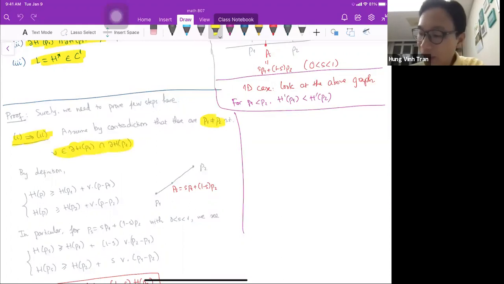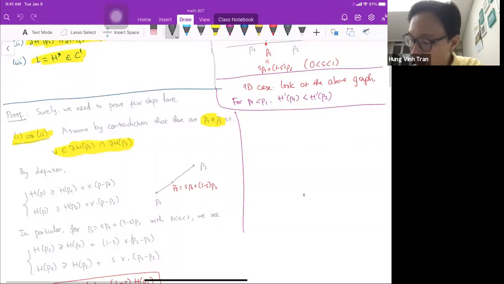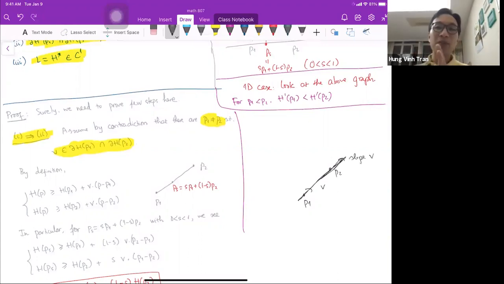And again, basically the picture tells me, at this point P1, I have a supporting hyperplane of slope V, right? And in 1D of slope V. And then at the other point P2, I also have a supporting hyperplane of slope V as well. So for the graph to be convex, it seemingly has to have a line segment there, right?